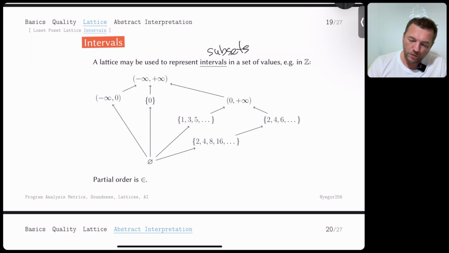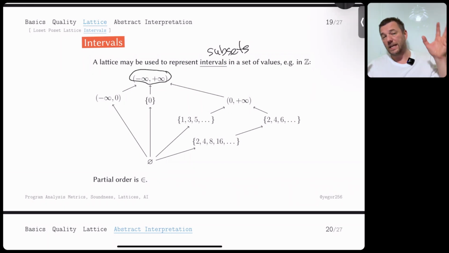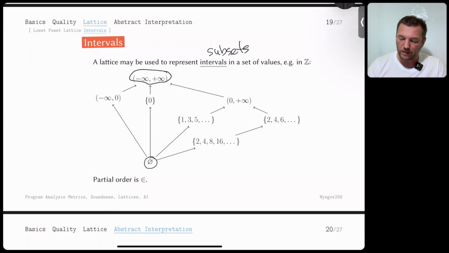On the top you position the largest set, which includes everything, and at the bottom you position the empty set, nothing. And then you define the relationship in this lattice with this operator: a set belongs to, or is a subset of, a bigger set.